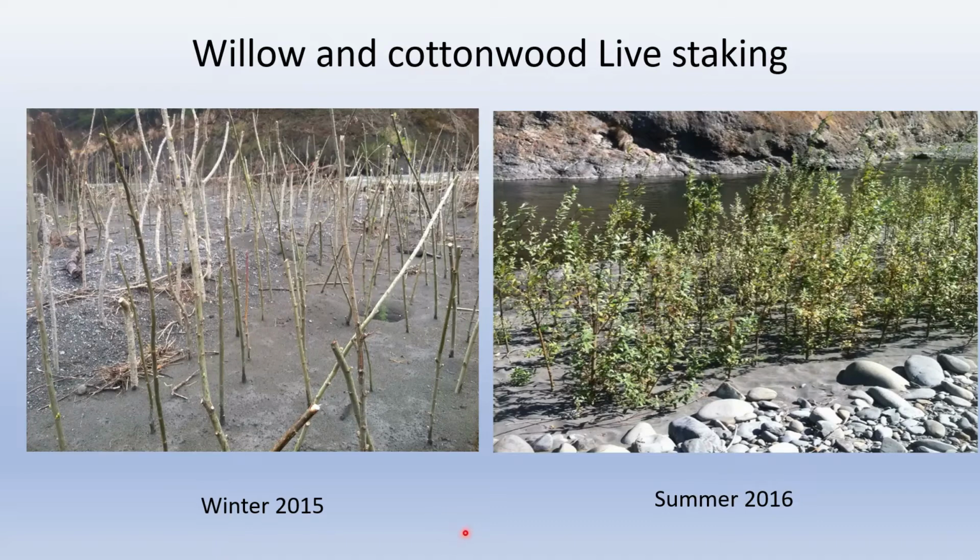All species of willow can be live staked, and you want to cut your stakes from mature willow trees, and these ones are about 3 to 4 feet tall. When you sink them in the ground, you want to sink 3 to 4 nodes. The nodes are these little places here where there's a natural joint where a leaf comes out, and you want to sink about 3 or 4 nodes under.